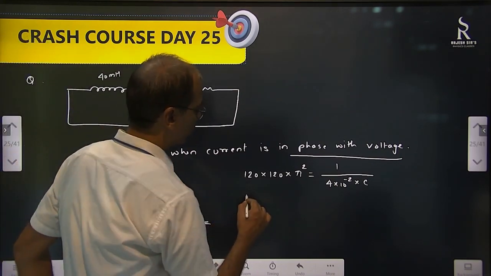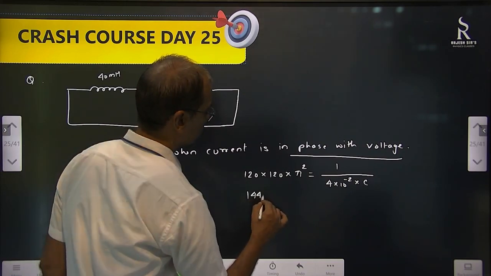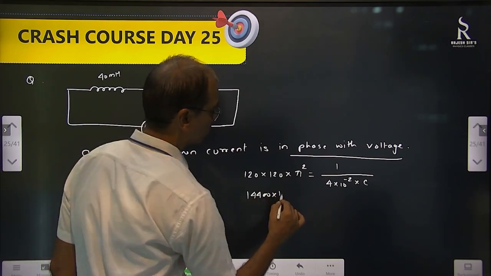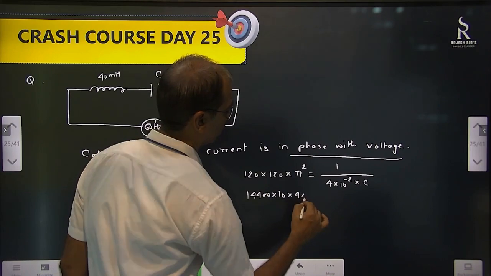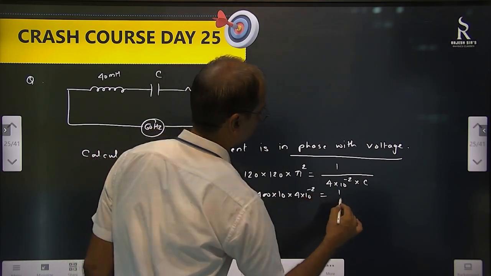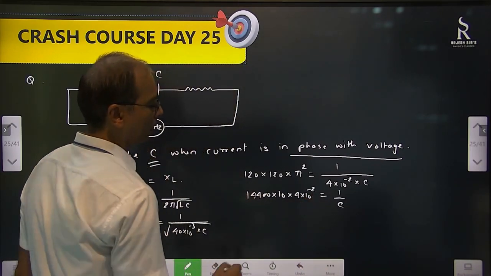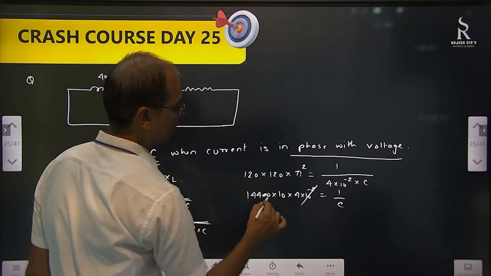So 120 into 120 is 14400. Pi square is also 10, into 4 into 10 to the power minus 2 equals 1 by C. We got the C value, right? So 10 to the power minus 2 and this 10 are cancelled.